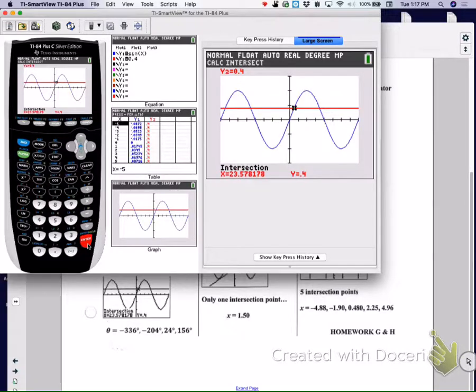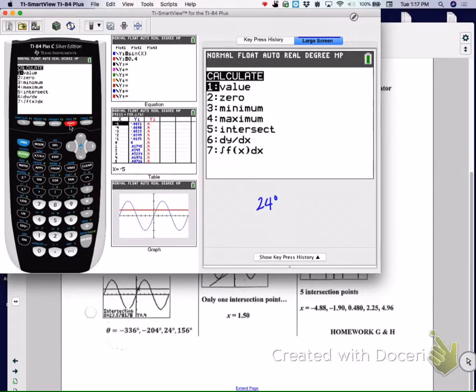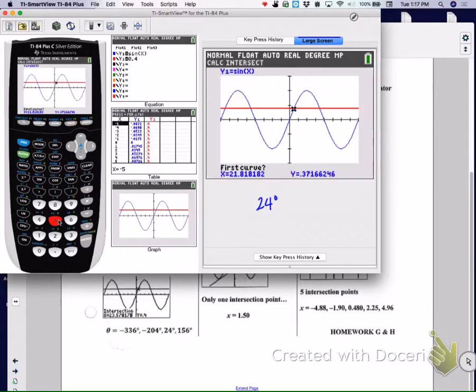Now, we're doing this to the nearest degree, or to 3 sig figs for radians. So I'm going to have one answer right here at 24 degrees. Now to get another one, just keep going to the right to find this one over here. I'm not going to go through and find all of them, but you need to do that, okay? Now look at your window here.